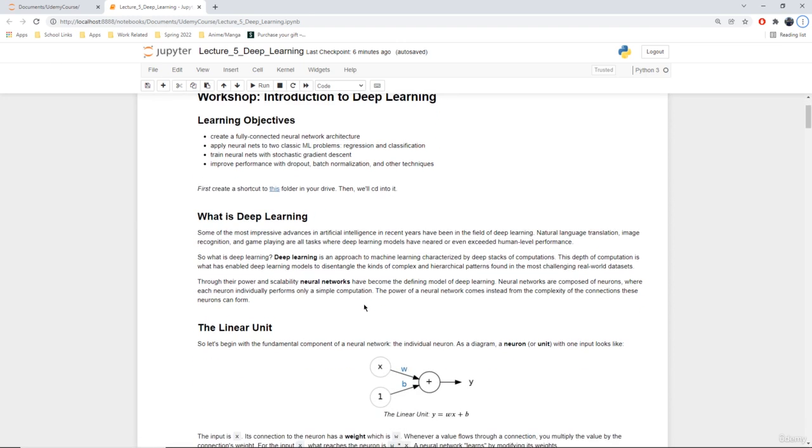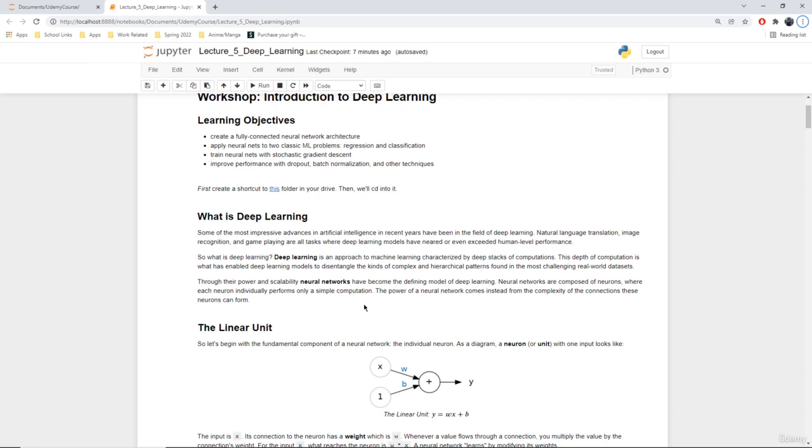So, what exactly is deep learning? Let's start with the very basic question. If you've seen some of the more recent advances in artificial intelligence, AlphaFold, the model that DeepMind created to predict how proteins fold, or AlphaGo, the AI that could beat the world champion in the game of Go.